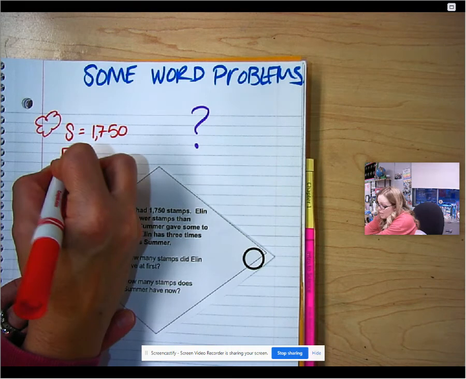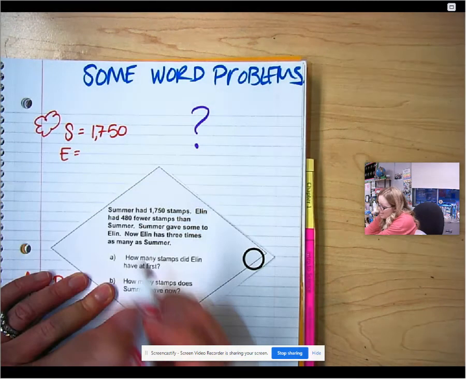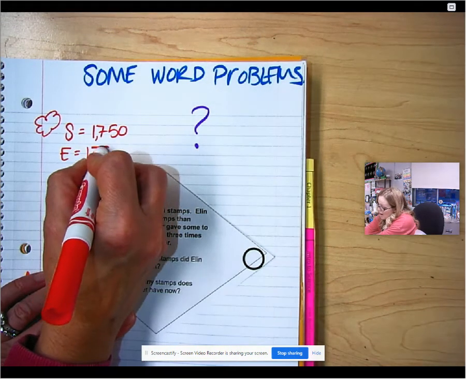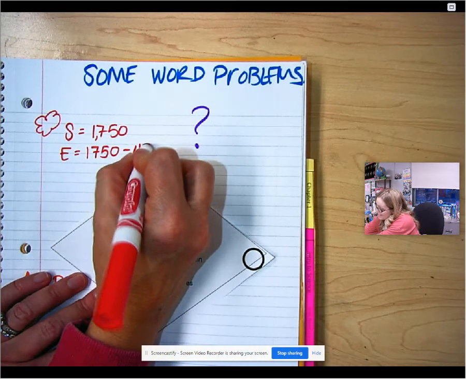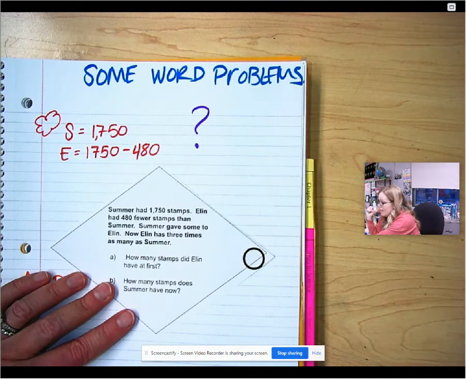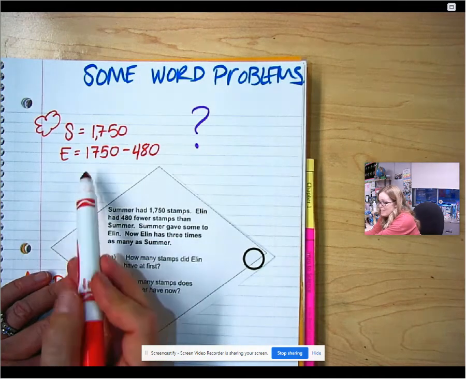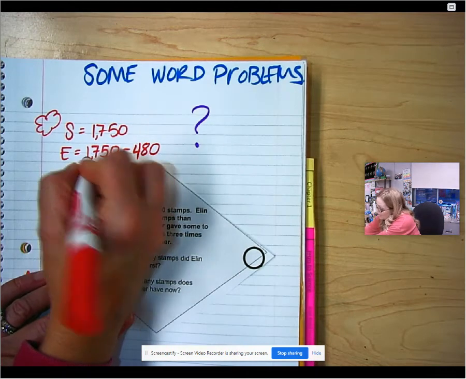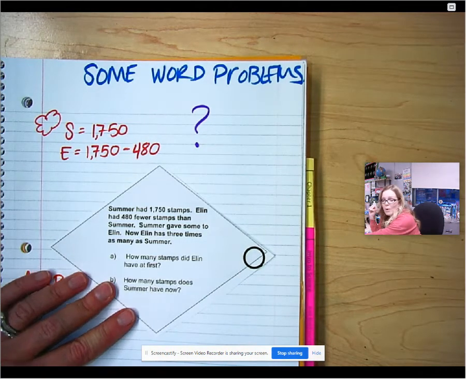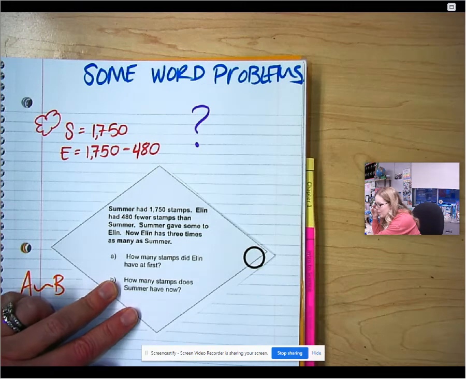So we're going to put E for Elin. And she has 480 less than Summer. Aha. So wouldn't that be the same as saying 1,750 minus 480? So she has 480 less than Summer.